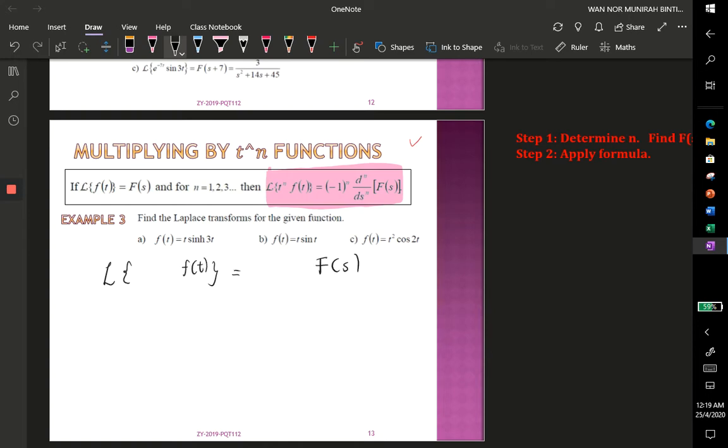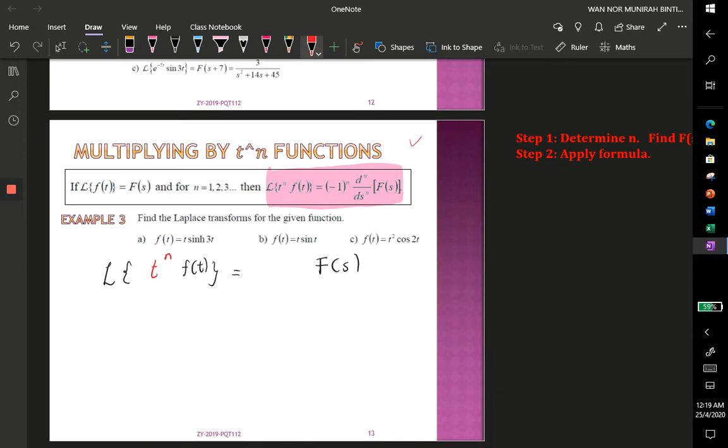So this is our general idea. This is by definition. Multiplication by t to the n means that you have Laplace f(t), but this f(t) is not a single function, but is multiplied by t to the n. That is why the name of this property is multiplication by t to the n.